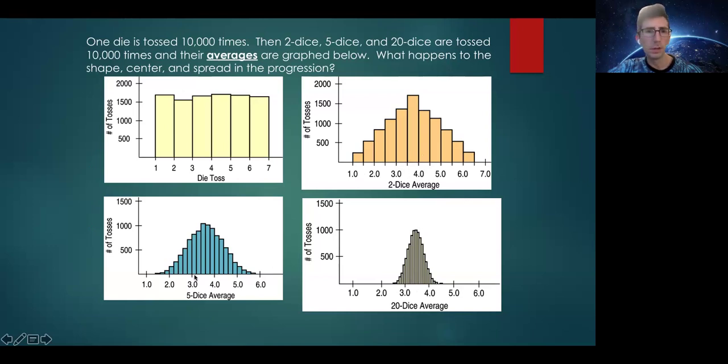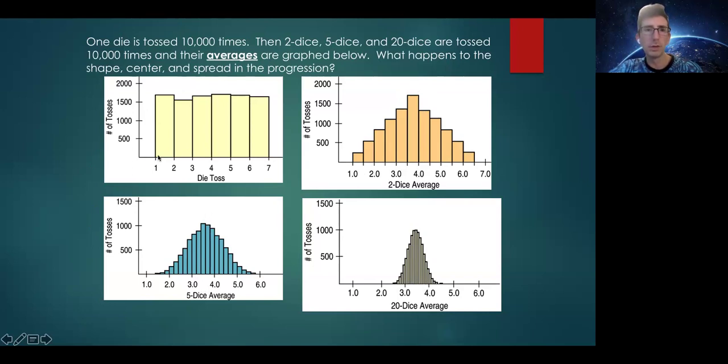It keeps getting closer and closer to that 3.5 average, which makes sense. If you take 1 plus 2 plus 3 plus 4 plus 5 plus 6 divided by 6, that average is actually 3.5. So for this dice example, you would expect the average to get closer and closer to 3.5, which you can see it does.